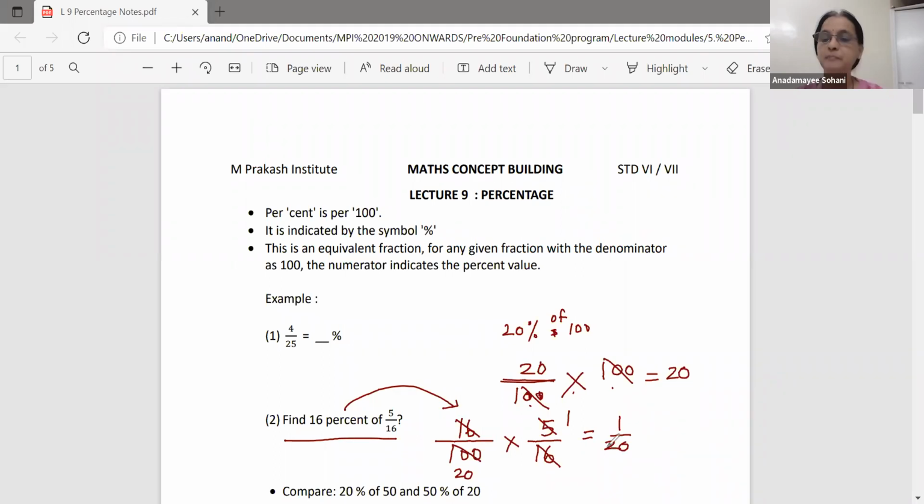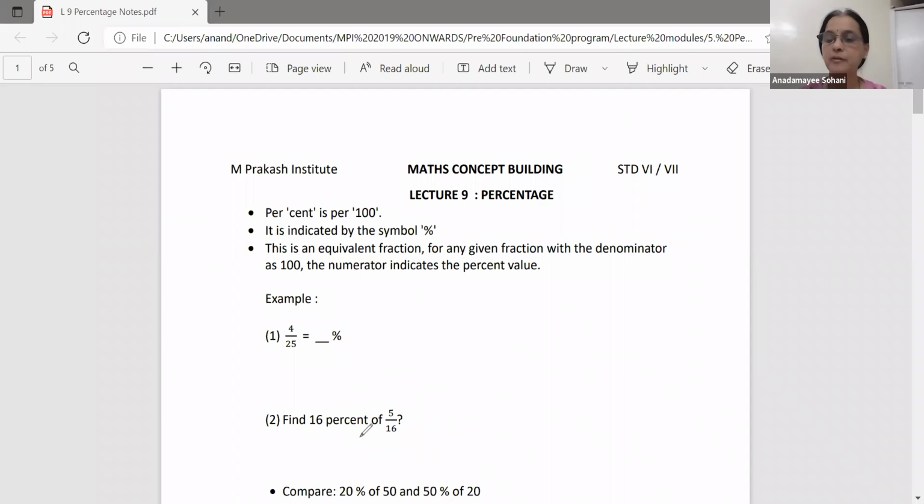So if I take 16% of 5 upon 16, what is the meaning of this? Let us go back to our train. 16% of 5 upon 16. What is the meaning of 16%? The train has 100 compartments and out of them I am taking 16 compartments.